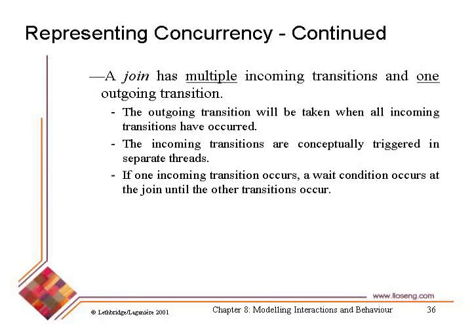That's the way to model it. And a wait occurs at the join until the other transition occurs. So if one transition gets to the join, that bar, it will wait until the other transitions get to the bar, and then we can proceed.